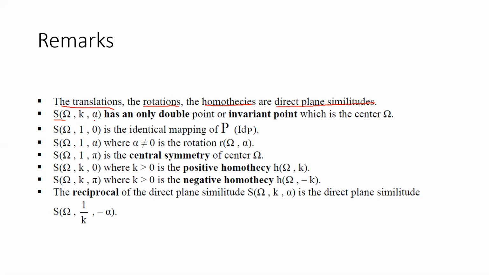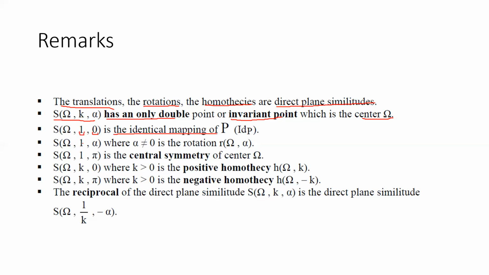S omega k alpha has only one double point or invariant point, which is the center, center omega. Similitude of center omega, ratio 1 to angle alpha is the identical transformation. Means every point has its own image.